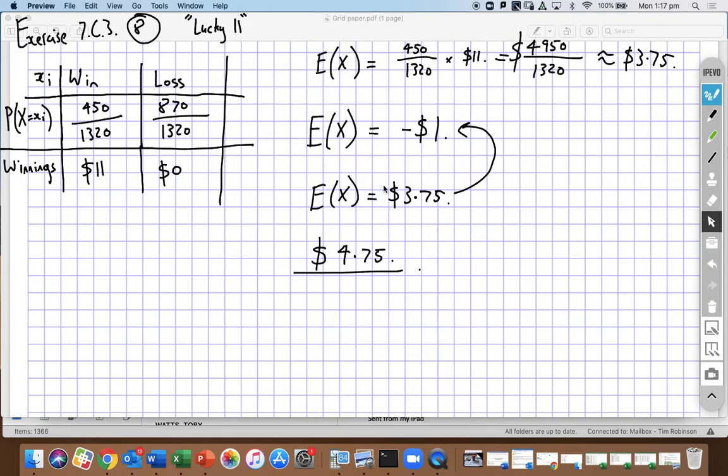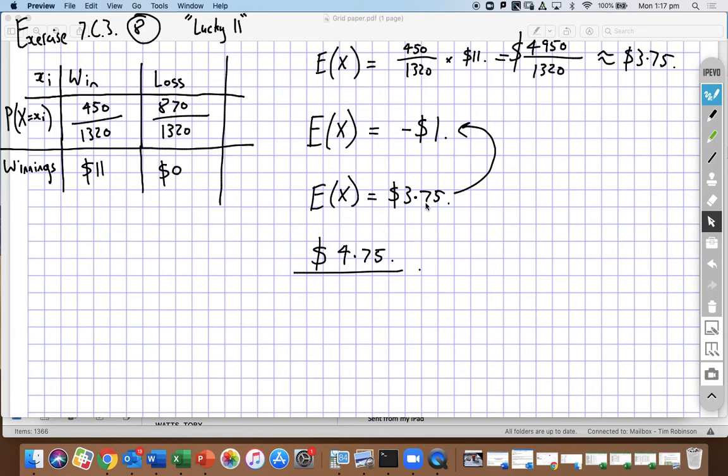So hopefully that's not confusing you too much. Let me just run through it one more time. If the game was free, right, you'd be up $3.75. But the organizer doesn't want you to be there. They want you to be at -1 on average, right?